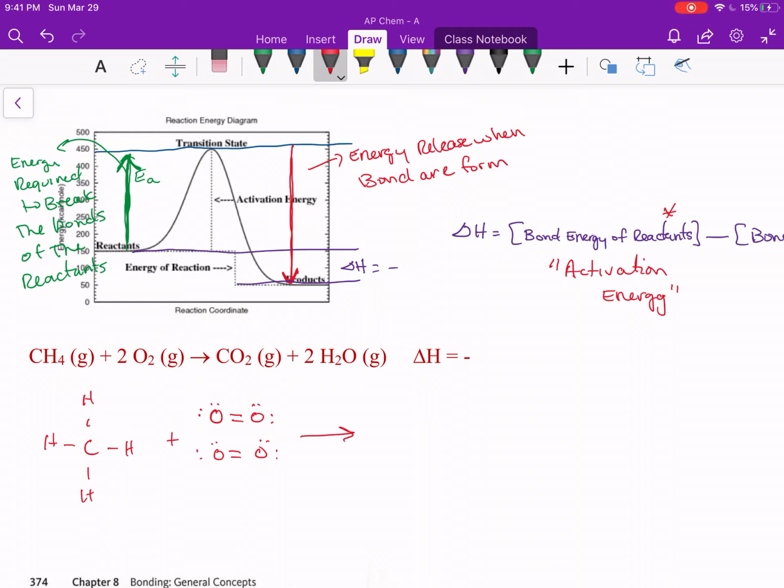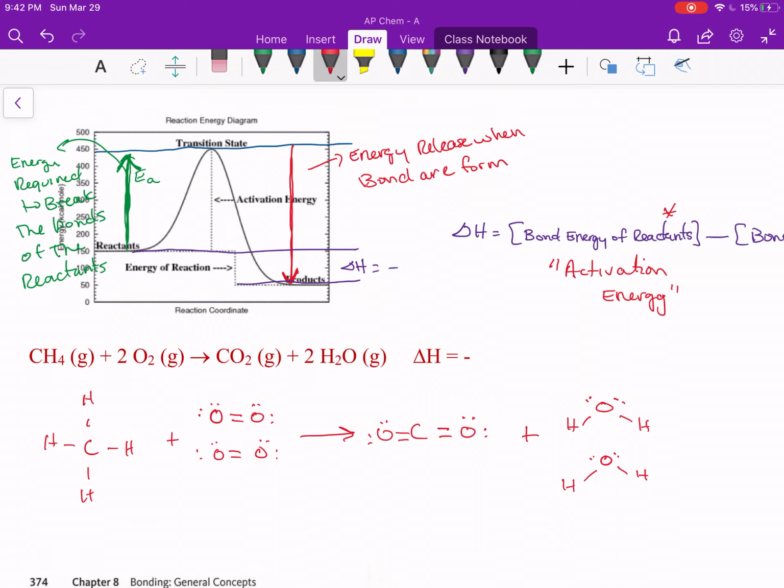If we draw the Lewis dot structure, we know CO2 is going to be like this. And then we have two H2O, so we think about it this way. We have this, two of those. So just drawing out the Lewis dot structures for those things.